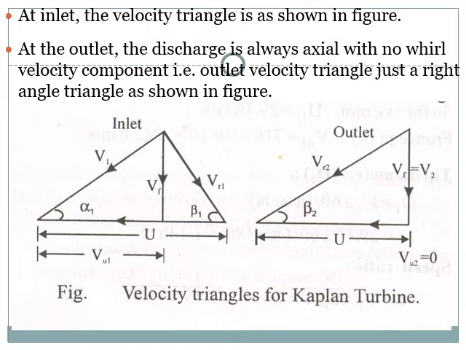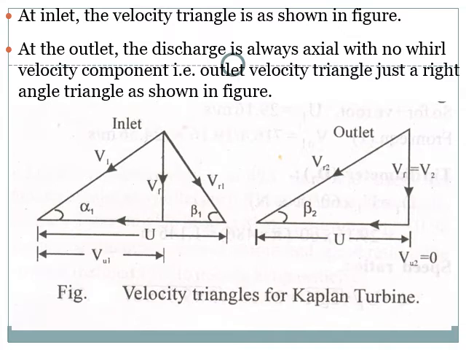For that reason, the alpha 2 angle is 90 degrees. With respect to that, the absolute velocity at exit V2 is equal to the flow velocity at exit, that is Vf2. And the tangential velocity at exit, or whirl velocity at exit, is 0 for this right angle triangle.